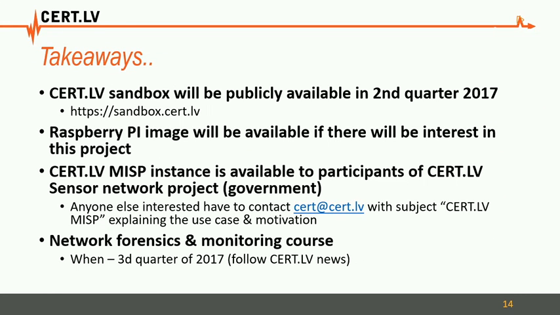So there are several takeaways. The CERT.LV Sandbox will be available publicly in the second quarter of 2017, so anyone can use it. The Raspberry Pi image is not available publicly currently, but if you're interested in the project, then as an experiment, we can share it.